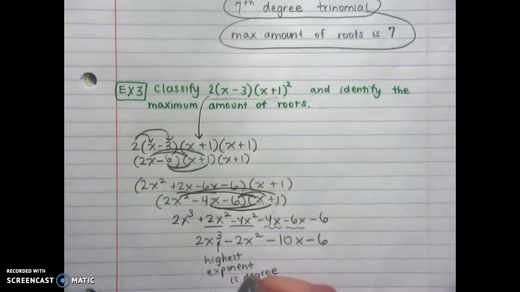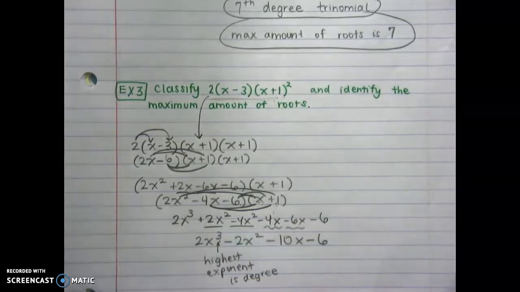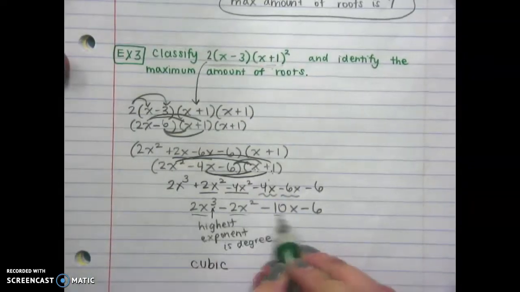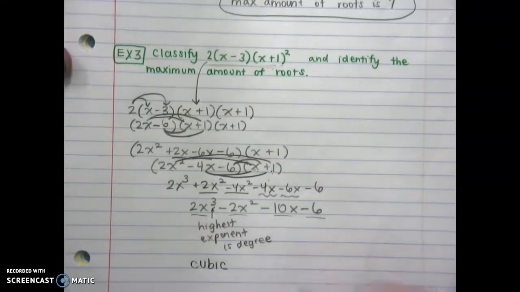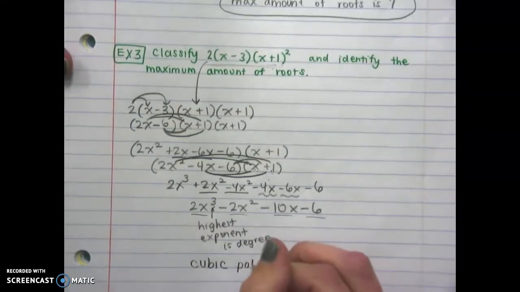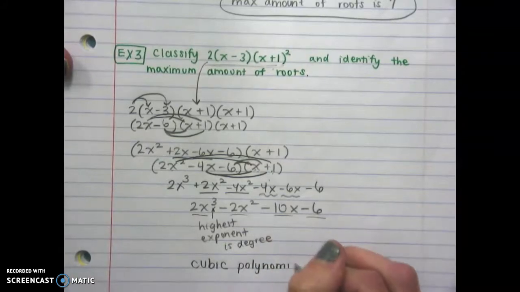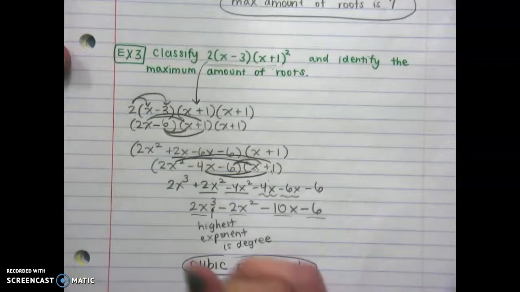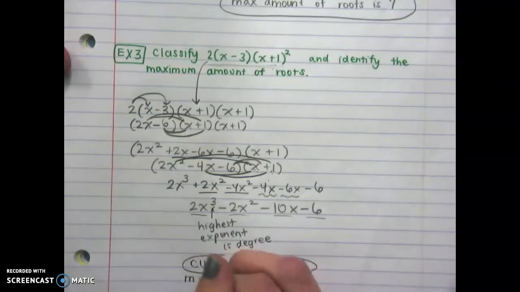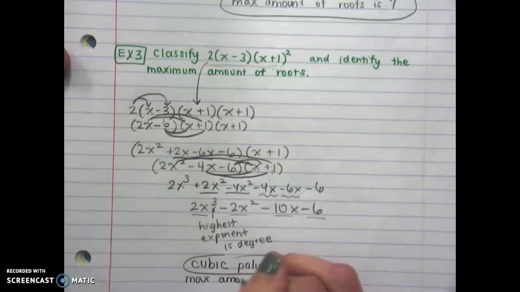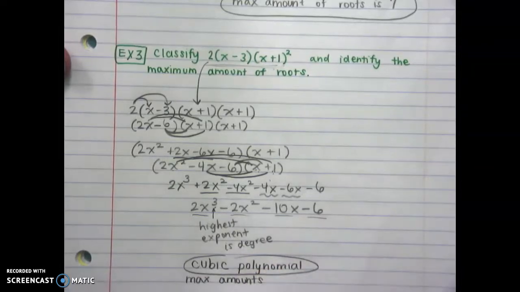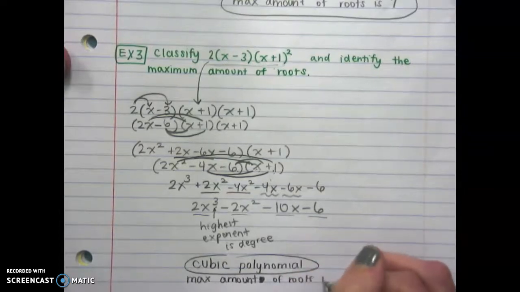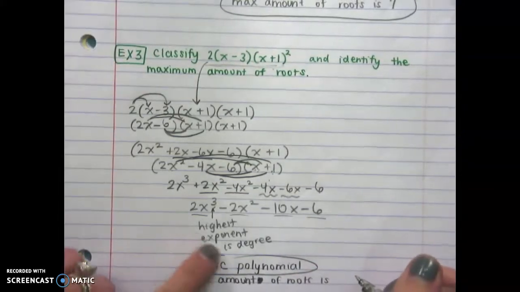That's cubic. And then I have 1, 2, 3, 4 terms, and anything after 3 terms is called a polynomial. So we have a cubic polynomial, and my maximum amount of roots, or solutions or x-intercepts when we graph is the same as the degree, so 3.